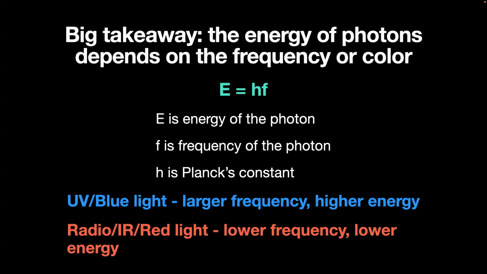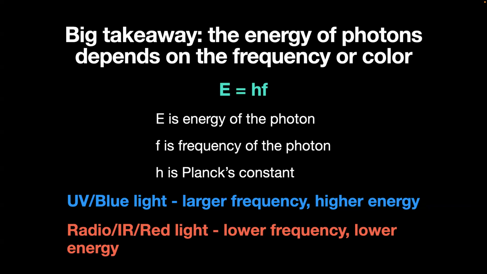The big takeaway is that the energy of photons depends on the frequency, or equivalently the color. You can find the energy by using a very simple equation, E = hf, where E is the energy of the photon, f is the frequency, and h is a constant called Planck's constant.